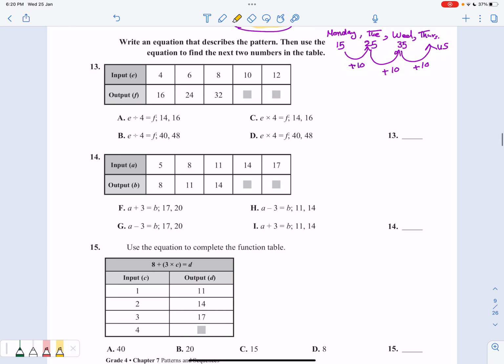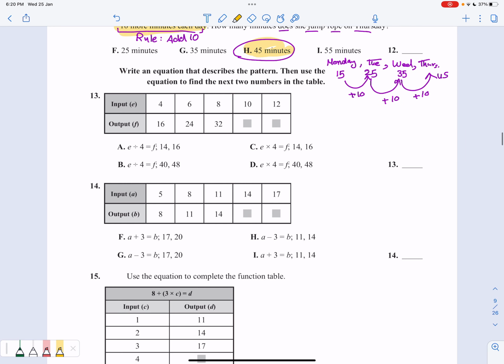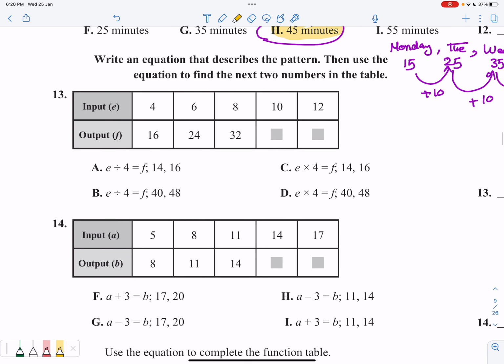Now let's see here, we have some tables where we need to find the equation from the information that we have. Let's take a look at the input and the output. The input here was 4 and it converts to 16. So how can 4 become 16?